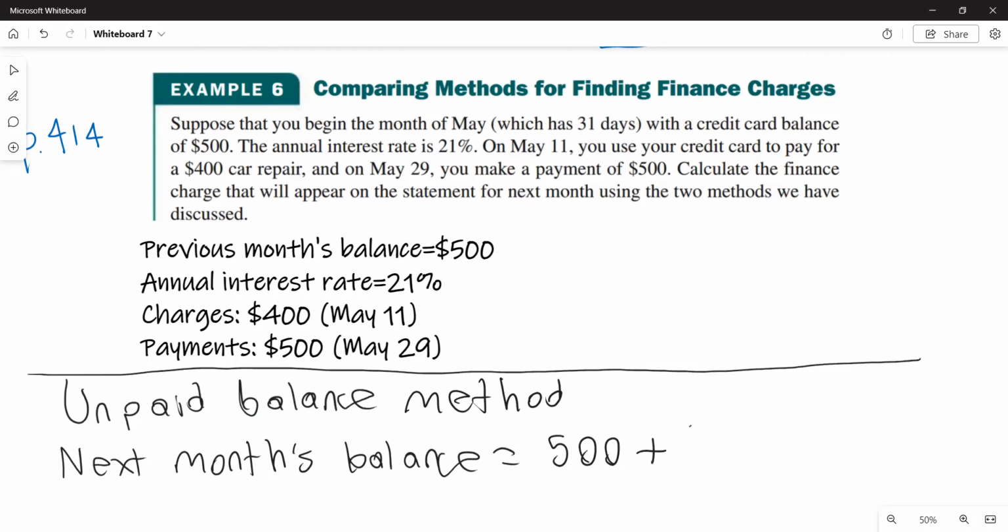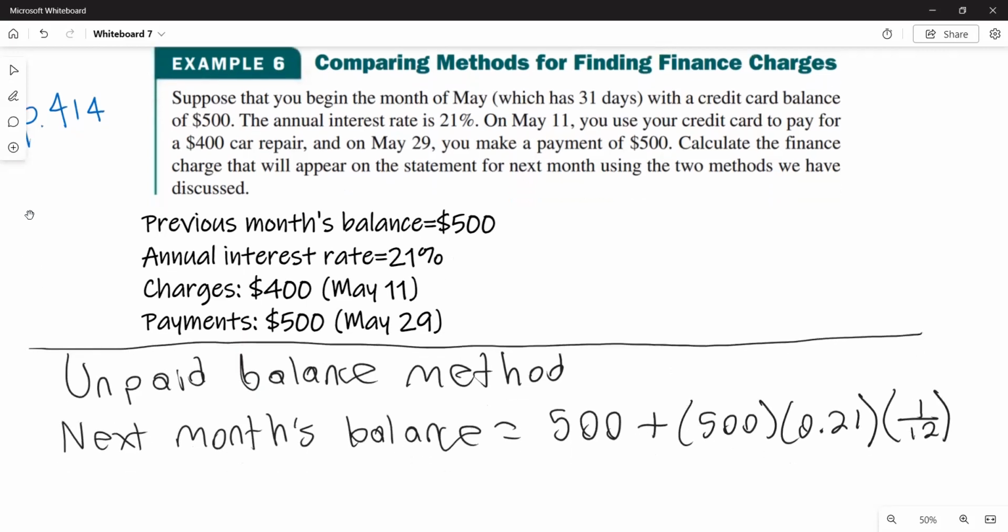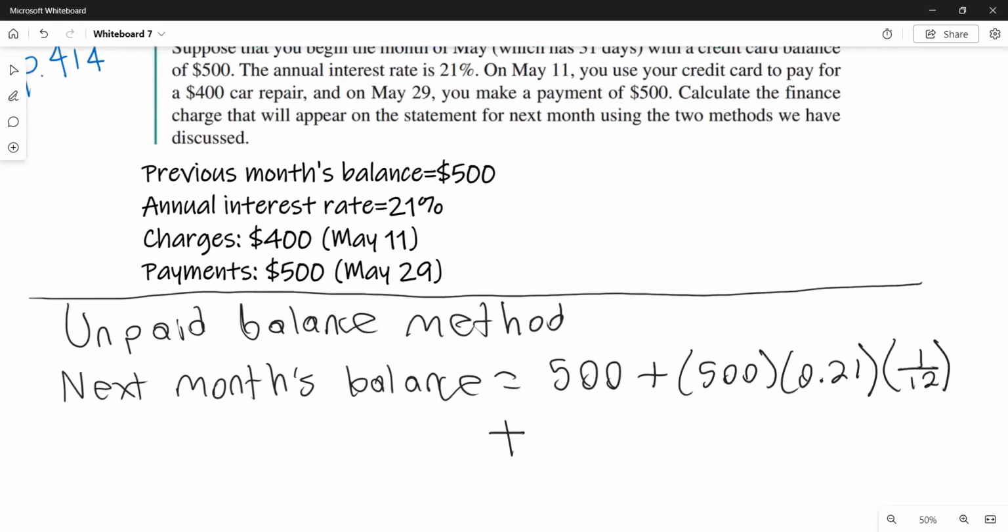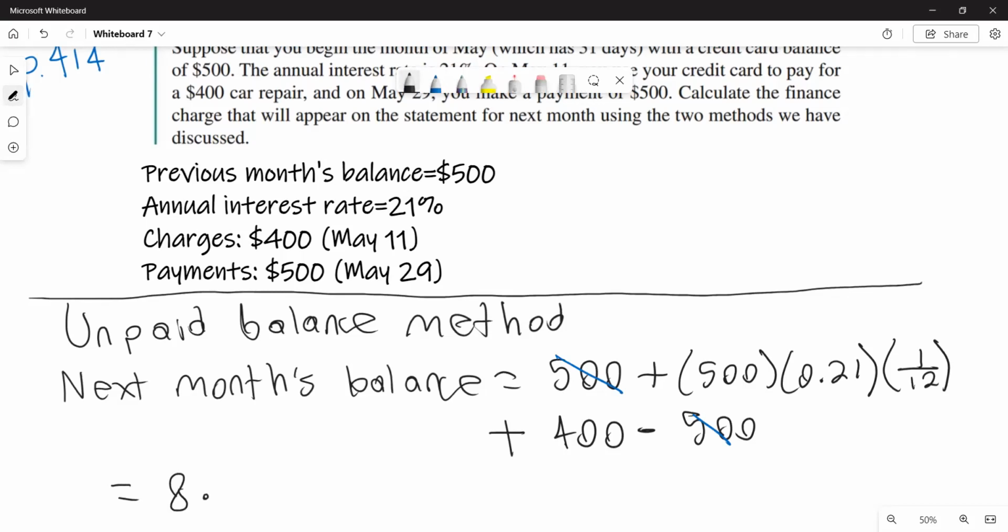So that's 500 at 21% for 1/12 of a year, plus the charges of $400 minus a payment of $500. So those cancel out. And then 500 times 0.21 multiplied by 1/12 is $8.75. So the next month's balance is $408.75.